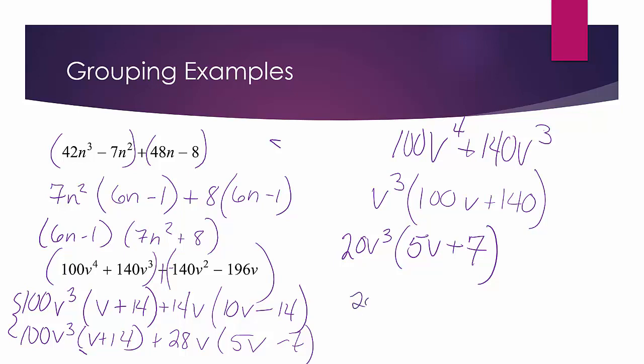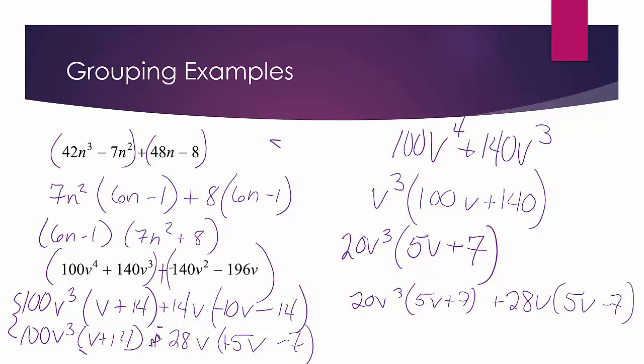So we got 20v to the third times 5v plus 7 plus 28v times 5v minus 7. I'm going to pull out the 5v. So I'm going to make this a negative 28.